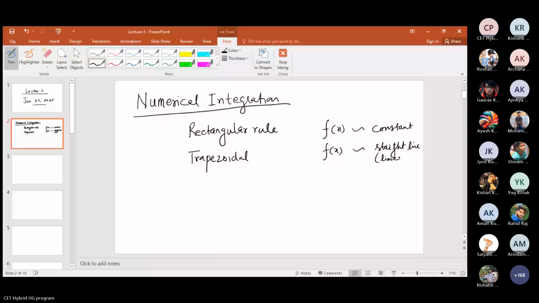Then further we moved and we have seen Simpson's 1/3 rule, where we approximated function f(x) by a quadratic function. And then I think towards the end, I mentioned Simpson's 3/8.